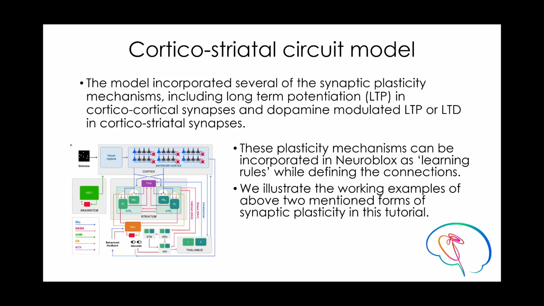And then it also includes corticostriatal synapses that can do both LTP or LTD, and these are also modulated by dopamine, between the anterior cortex and the striatum here. We'll get into more detail about these. As a note, in NeuroBlox, we call these the synaptic rules, learning rules, right? Because this is all in the context of decision making. So the learning rule is essentially the gradient that the synaptic weights follow to adapt over time.